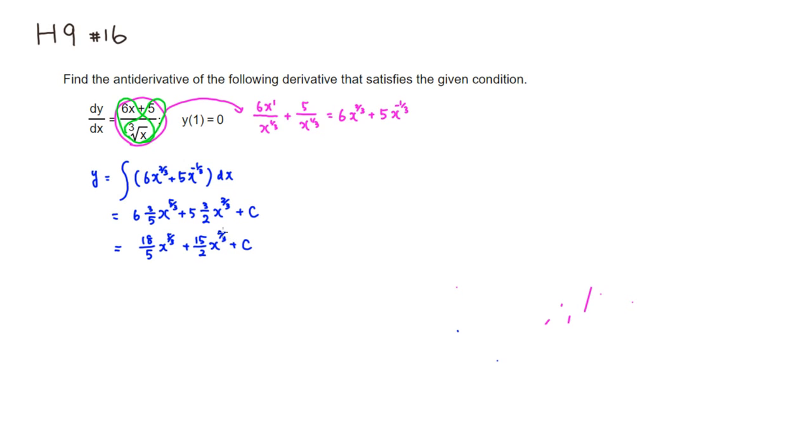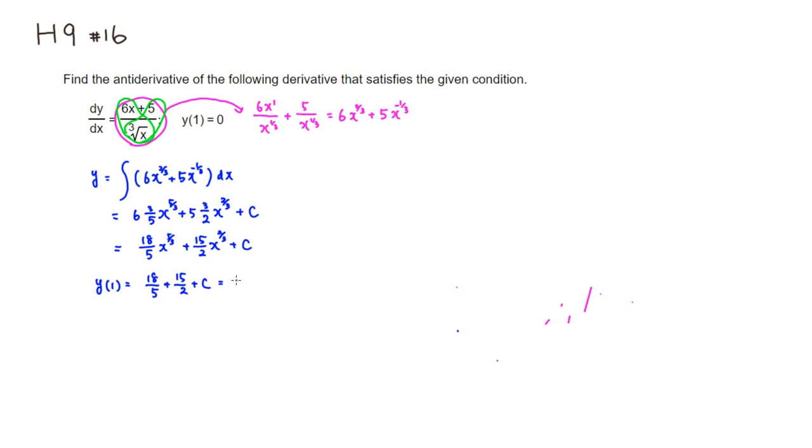Now let's find c in this case. It says that when x equals 1, y is supposed to be 0. So let's plug in x equals 1. Plugging in 1 here, it's going to be 18 over 5, and here you're going to get 15 over 2, and then plus c. Let's simplify this.